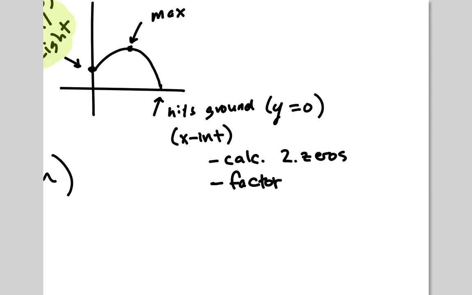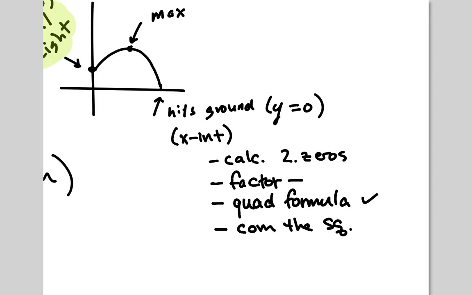What else? Good. Quad formula. I think a lot of you want to go with the quad formula. Okay, and factoring is also an option. The test might say use factoring to find the intercepts. It might say use quad formula to find the intercepts. It might even say use complete the square to find the intercepts, and this one's scary for people.